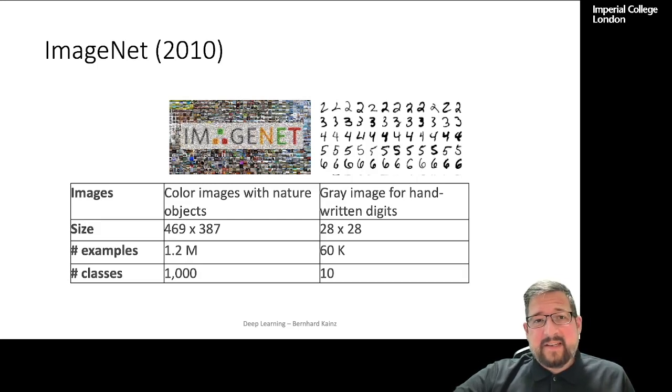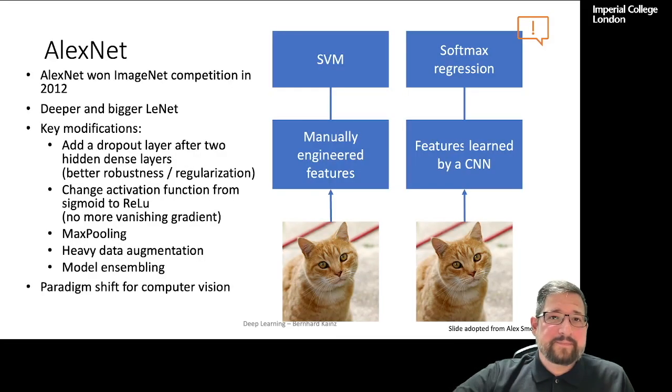The increase in both the volume and complexity of the data made ImageNet a very challenging task, but also one that showcased the capabilities of models like AlexNet. This data set and its challenges really pushed the boundary of what was possible in image classification at the time. And without these sorts of data sets, the deep learning paradigm shift of 2012 wouldn't have happened.